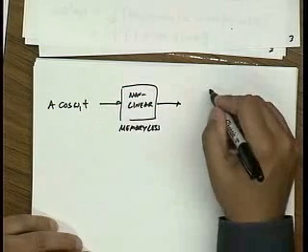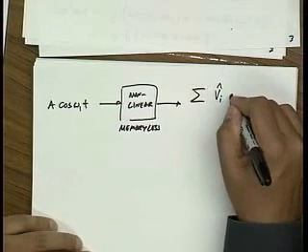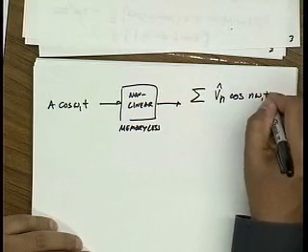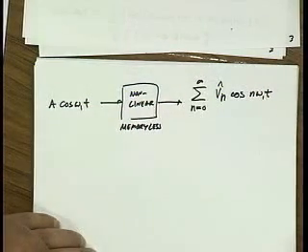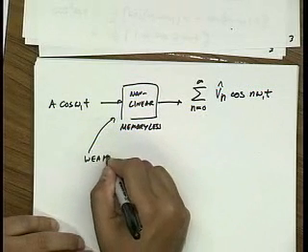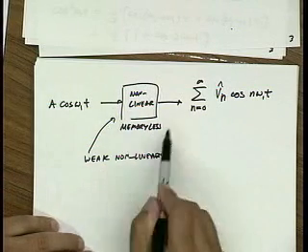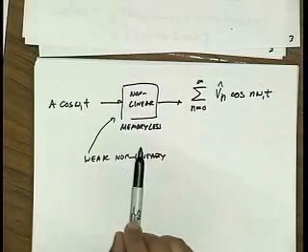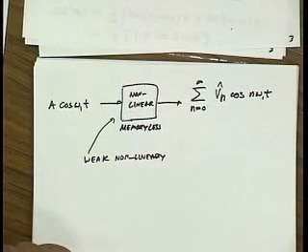And the output basically is going to be a sum of v_n cosine n omega 1t, where n goes from 0 to infinity. We call this a weak nonlinearity. Again, that's the assumption that we're not putting too big of a signal into our system. And we'll quantify that statement later on when we look at some practical examples.